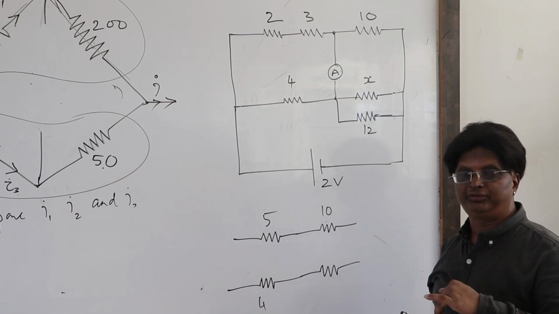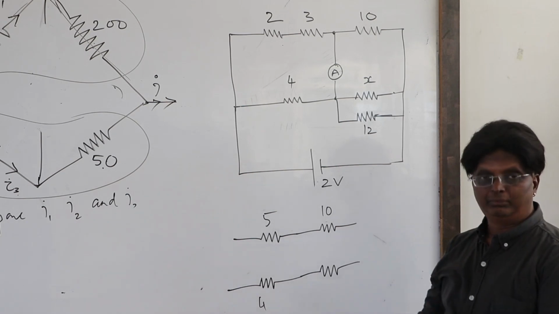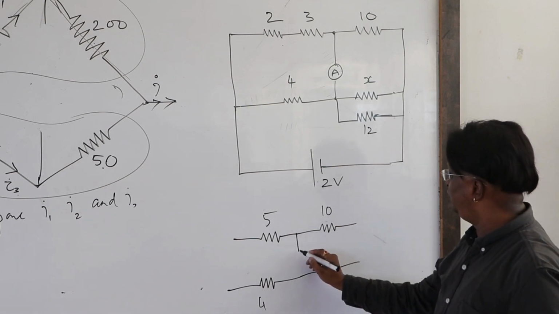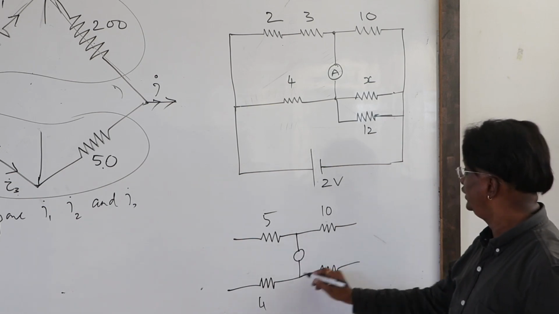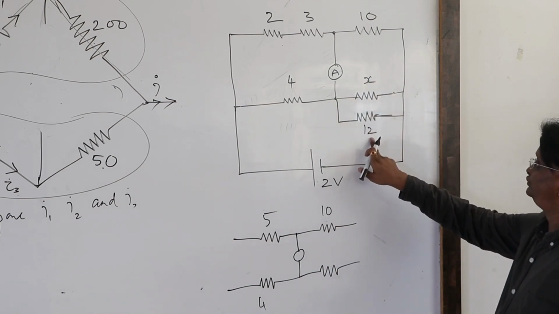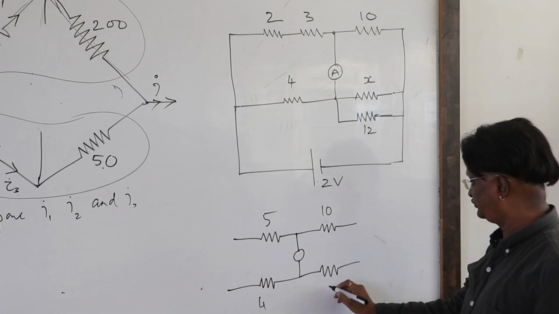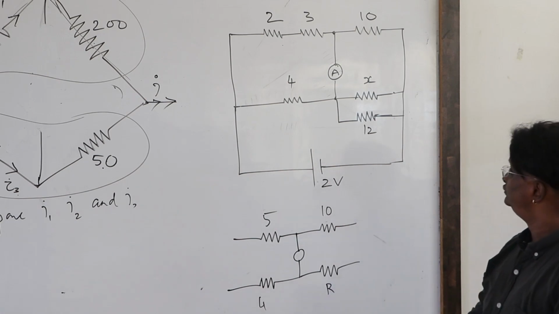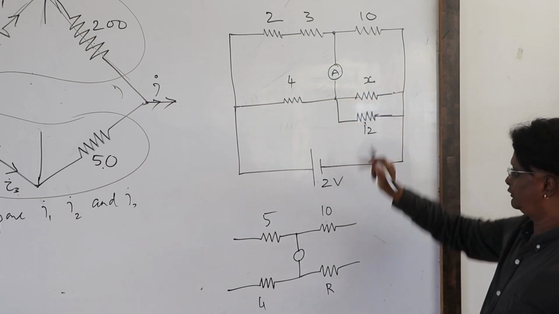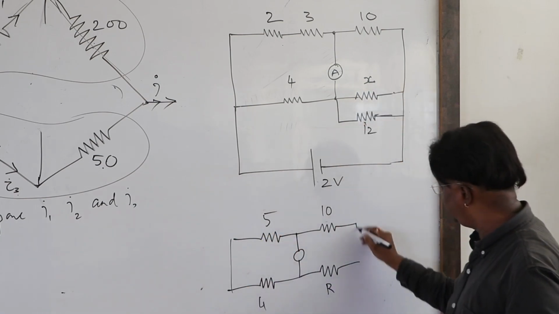We will make that point for our balanced Wheatstone network. Now here is the ammeter. Now this is X and this is 12. Suppose I call it R. R value is 12 into X by 12 plus X, the parallel combination. And now it is nothing but the same, right?